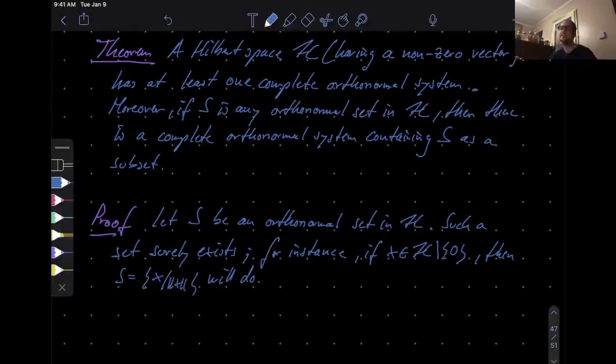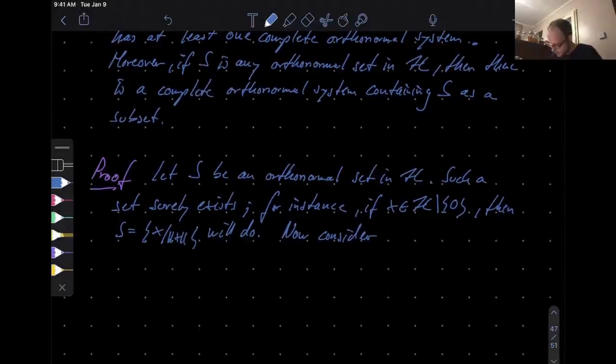And now the idea is to make that one big enough, so to say, to blow it up and then hopefully get a complete orthonormal system or a basis. So how are we going to do this? Now consider the following set C, which is the set of all orthonormal sets in the Hilbert space.